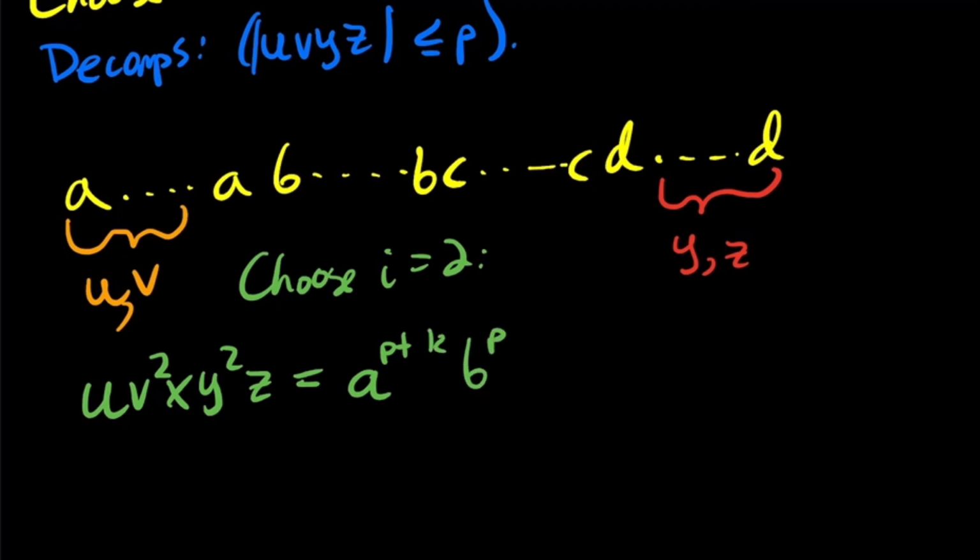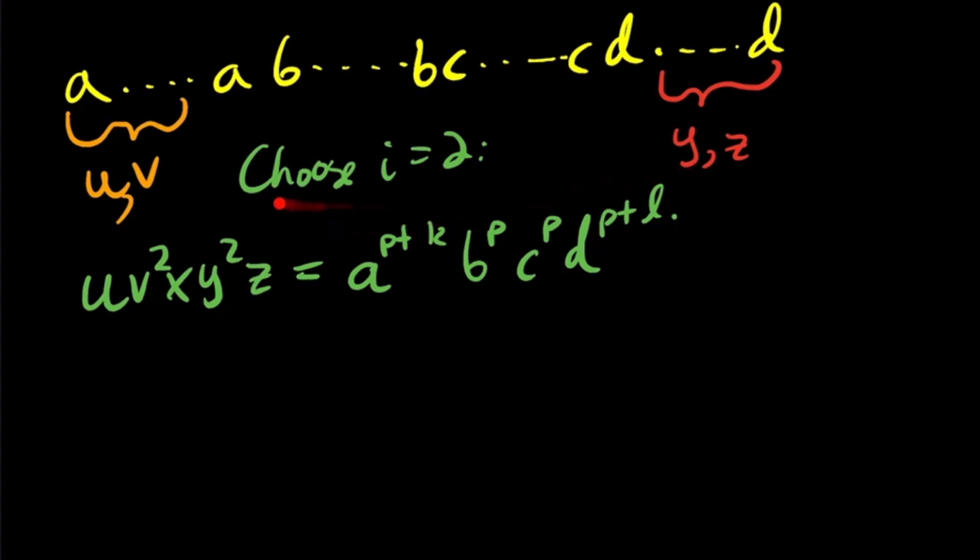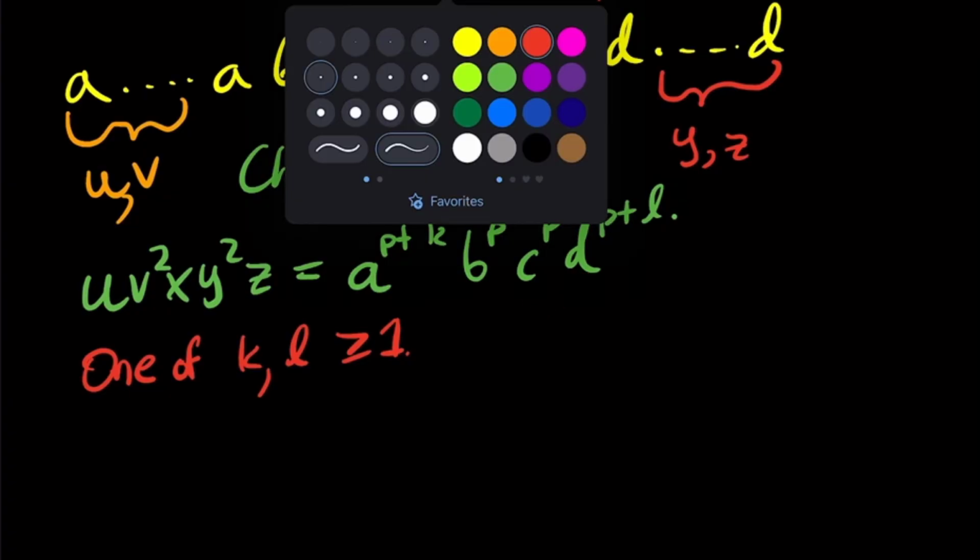We never touch the b's, we never touch the c's, and we increase the d's by some number. Let's call it l. It's not really important what it is. But we know that since v and y can't both be empty simultaneously, one of k and l is at least 1. So whichever one it is, either the a's and b's don't have the same number, or the c's and d's do not have the same number.